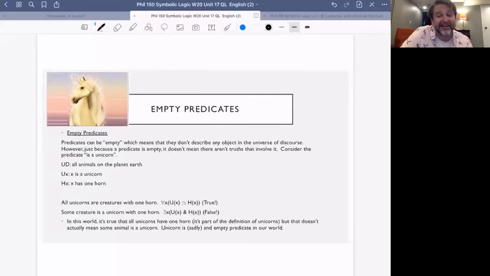Unicorn is sadly an empty predicate in our world. So you can have truths about objects that are not represented in your world. You can have truths involving empty predicates, but there are also instances where a sentence is going to entail that something has to exist, and if it says that about an empty predicate, then it will end up being false.